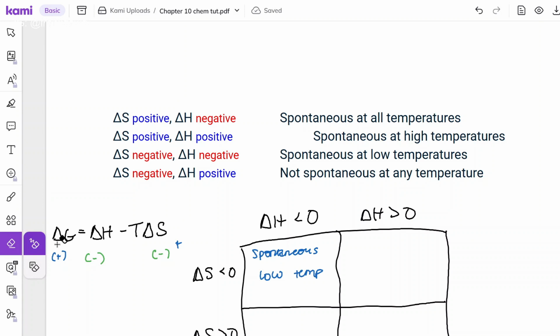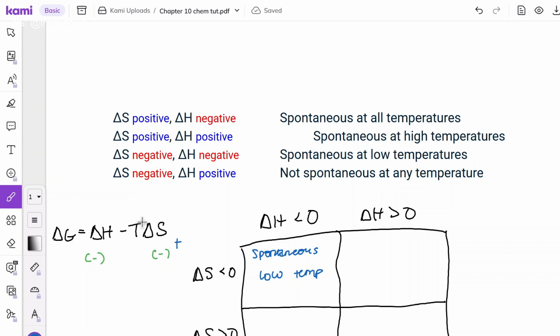Once again, I'll do it algebraically. If these two are negative, with the negative sign affecting delta S, this part is going to be positive. So the more you increase the temperature, the more positive delta G is going to get, which makes it less spontaneous.